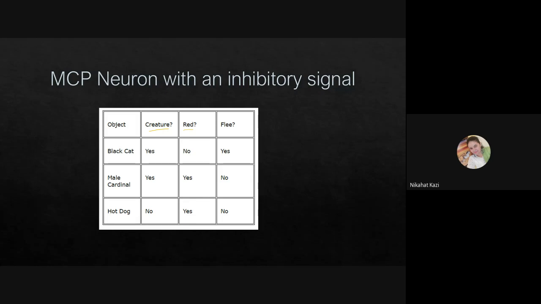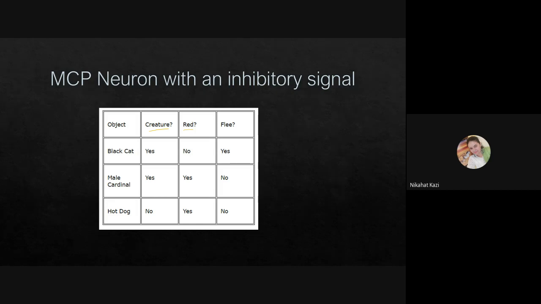It's an inhibitory signal. It's going to pull it back. So if red, it's going to pull it back. Okay. So this is a scenario, and now we have represented the data that we have with us. But how do we represent these two types of signals, the excitatory signal and the inhibitory signal?